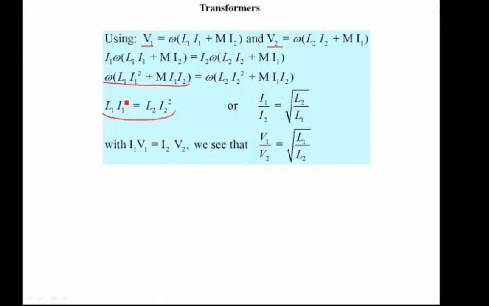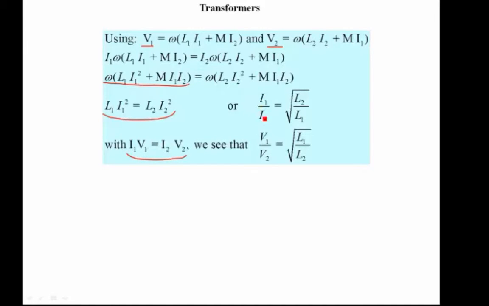The L I squared is equal on both sides. So we can solve this for the ratio of I1 to I2, and that will be equal to the square root of L2 over L1.